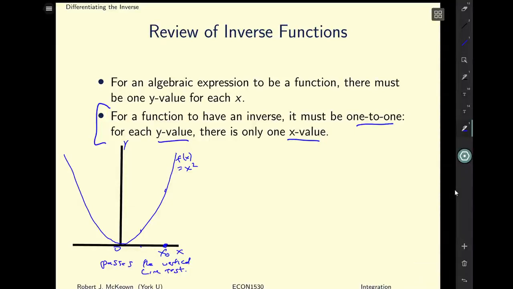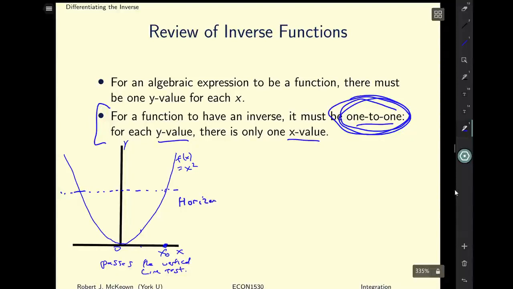So let's take a look at our example, right? We've got our function x squared. We know it's a function because it passes the vertical line test. Let's see if it's a special kind of function that's one-to-one. We can actually use a horizontal line test.